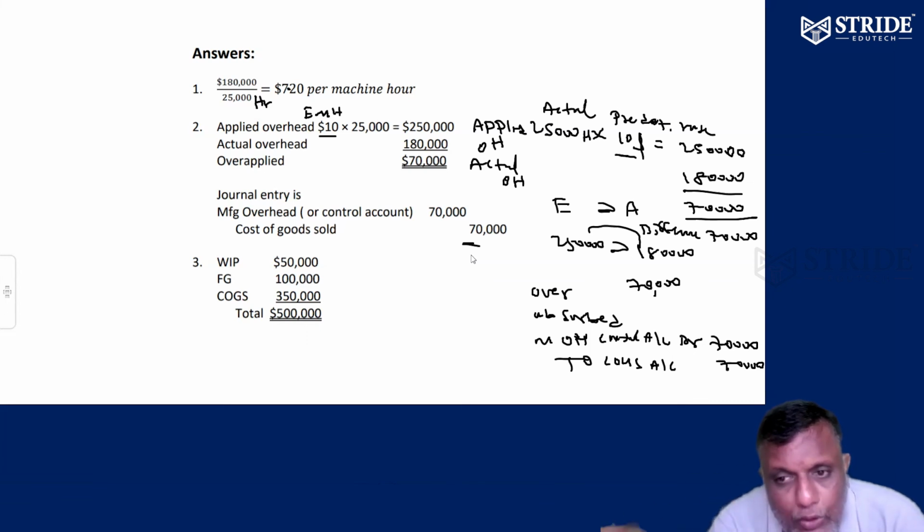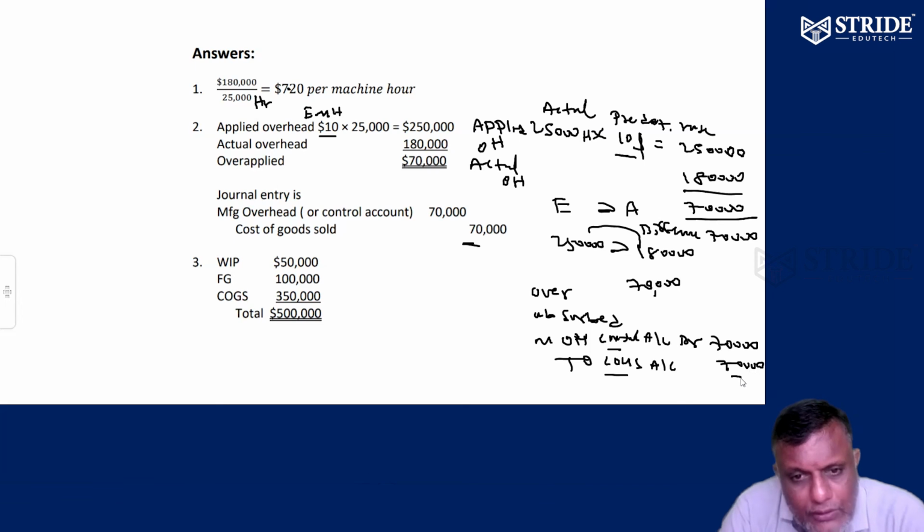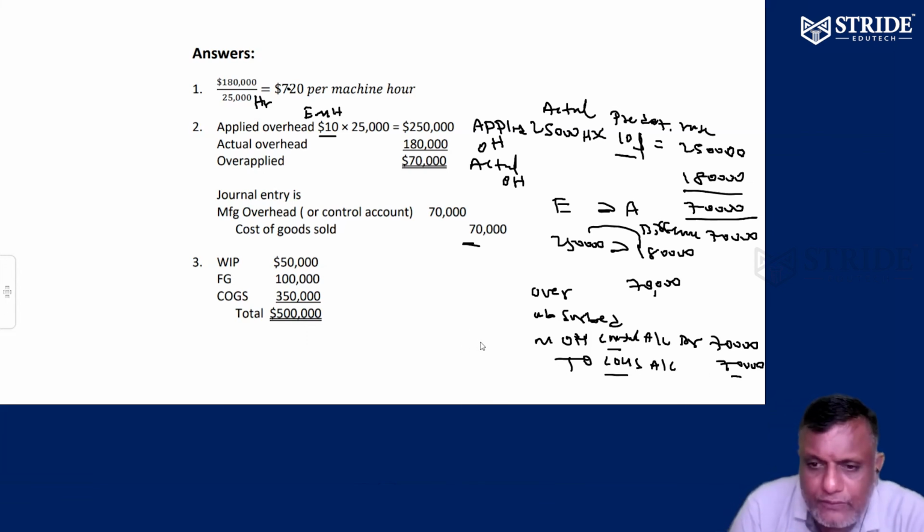Finally, the control account will be closed by passing manufacturing control account debit to cost of goods sold. Under absorption, cost is debited. Over absorption, cost is credited. So manufacturing control debit, cost of goods sold credit. By the way, we can close the 70,000.